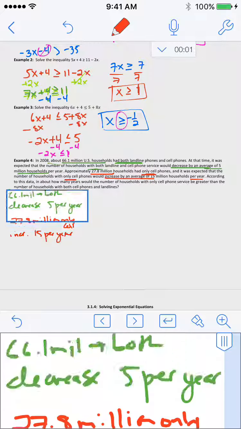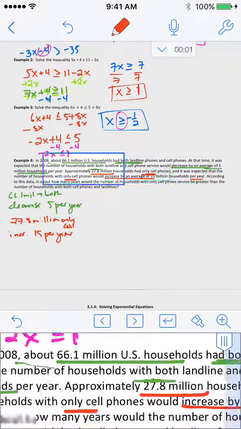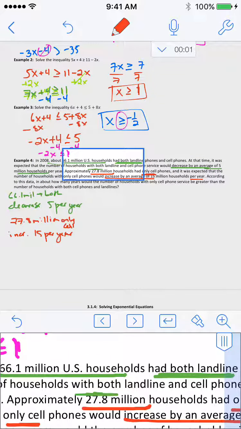Okay, so that's much easier to do with 4 lines of information than all this stuff, right? There were a lot of words there we didn't need to know. So underlining, translating, that's a really important skill to have. Okay, the last thing I want to know is the question.